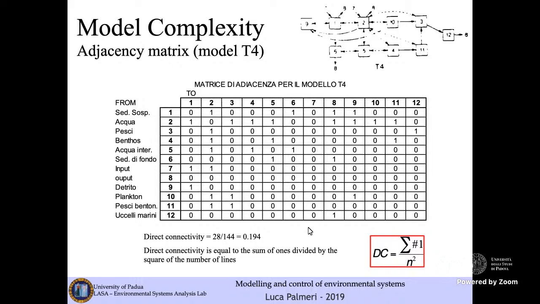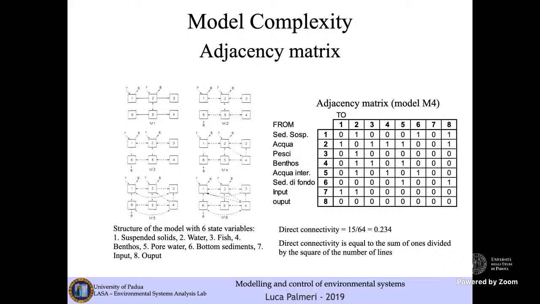Please note that here you have simply a topological description of a system. So who is connected with whom? You have 1 if there is a path linking the two state variables, and 0 if no path is available.